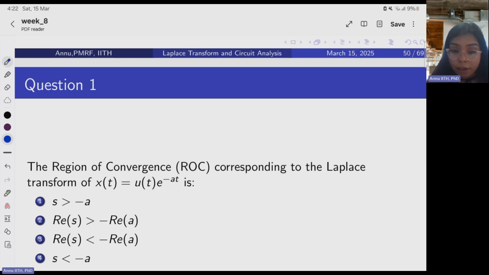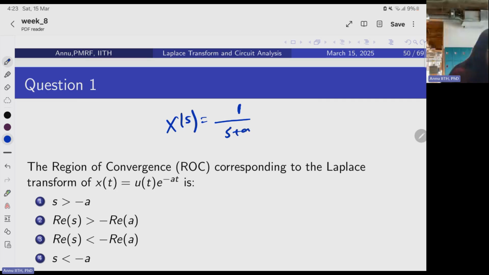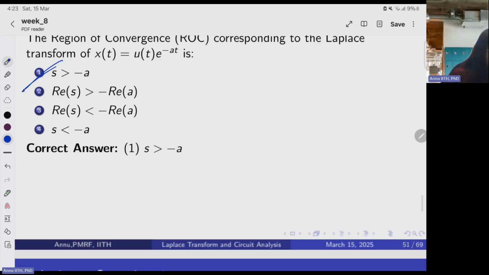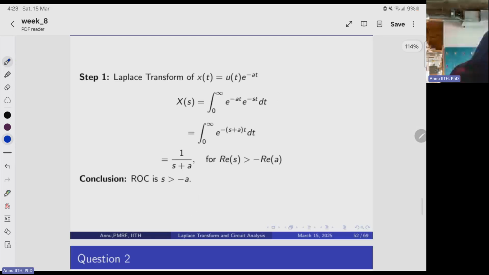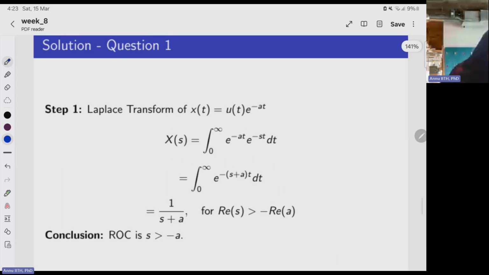Question one states that the region of convergence, the ROC, corresponding to the Laplace transform of x of t equal to e to the power minus a t u(t) is what? It's simple. Because you have X of s equal to 1 upon s plus a, and the ROC states that real part of s is greater than minus a. So the answer is this.